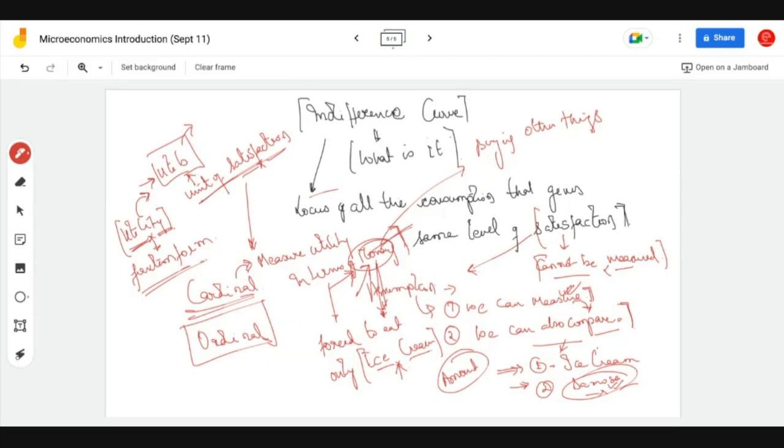Next is your ordinal. What are the assumptions? One of the assumptions we need to make about the consumer is that the consumer is rational.